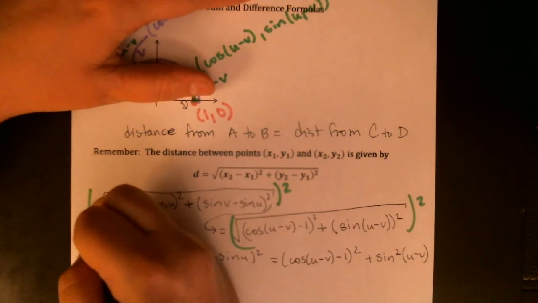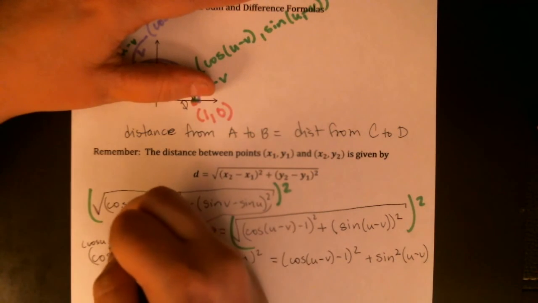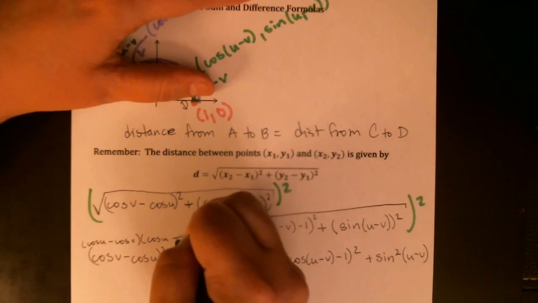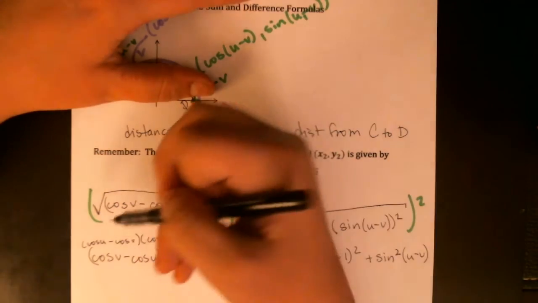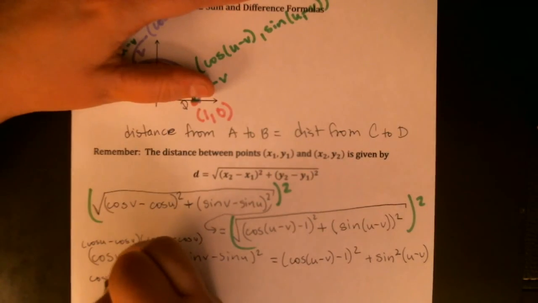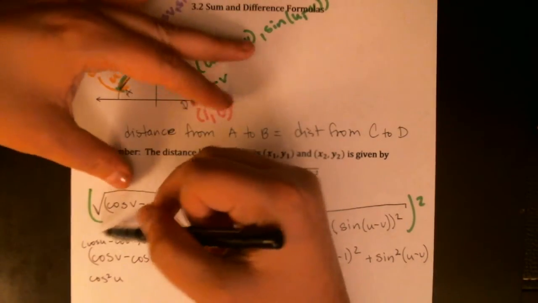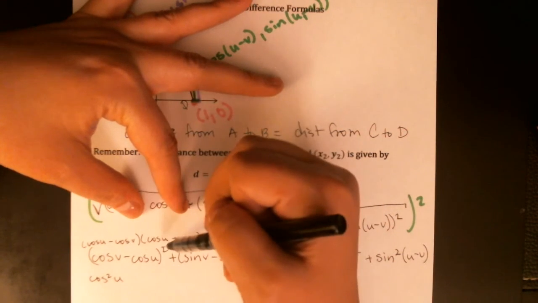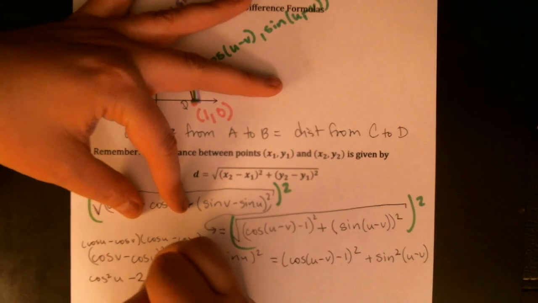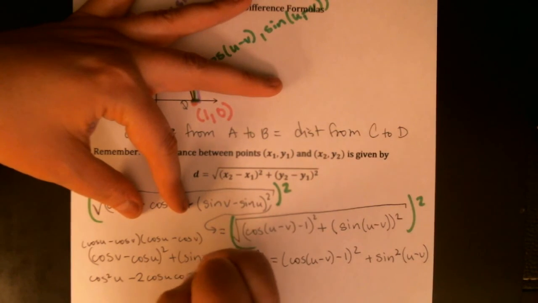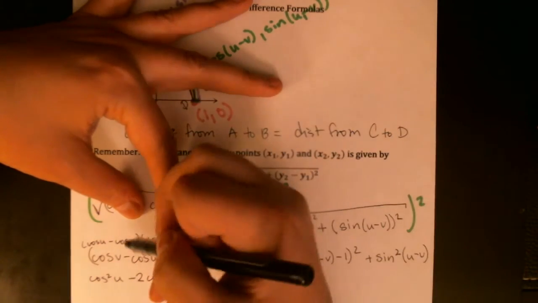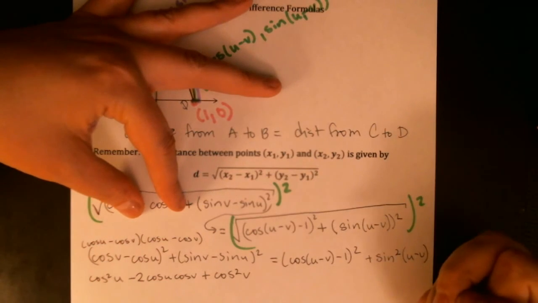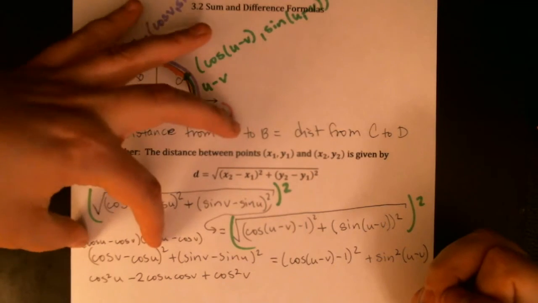So here, you want to think about this as cosine U minus cosine V times itself. And when you multiply that out, you're going to get cosine squared U minus cosine U cosine V minus another cosine U cosine V, so minus 2 cosine U cosine V. And then you're going to get a plus cosine squared V. Okay, so that's only this first chunk.